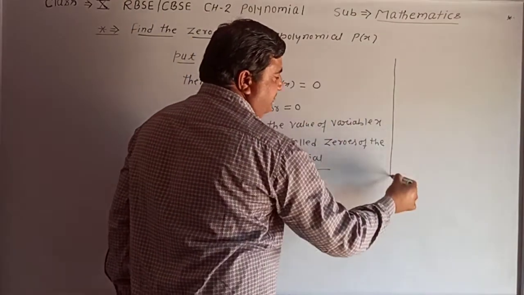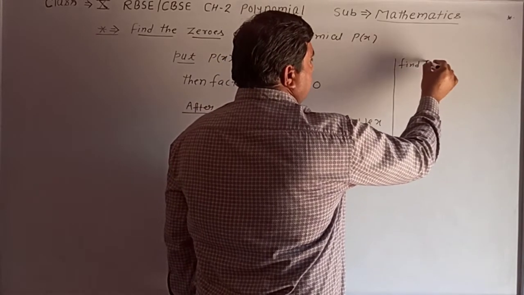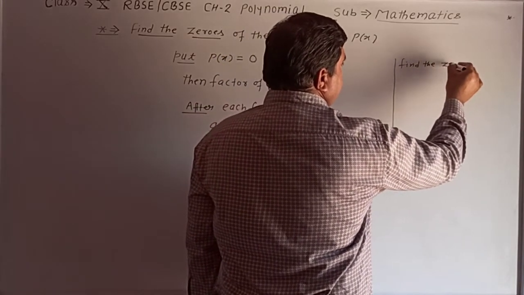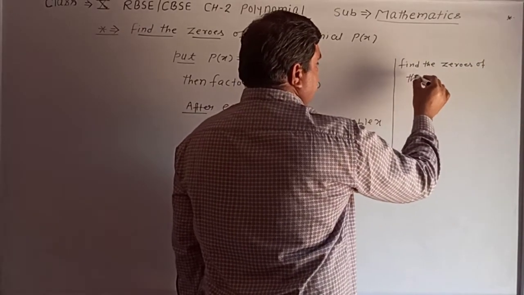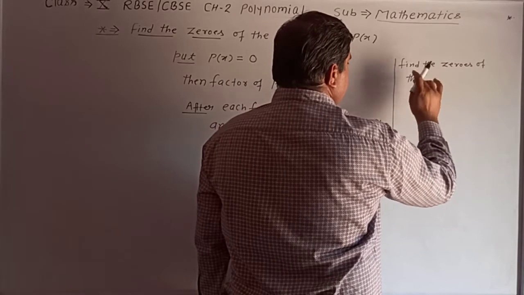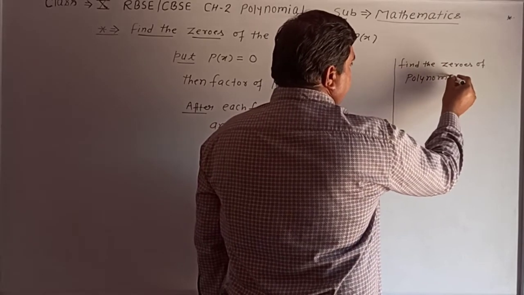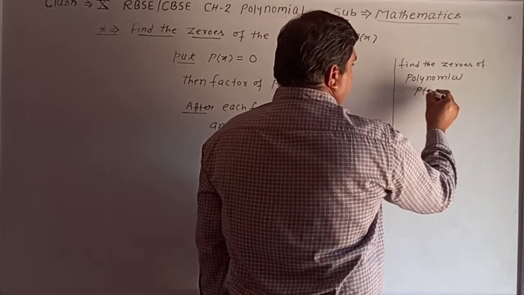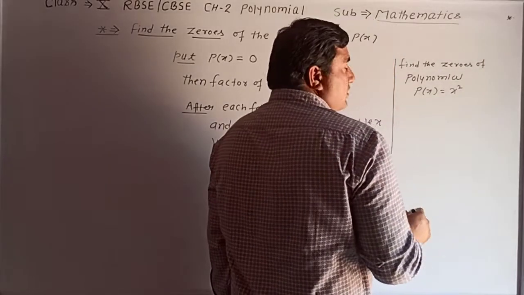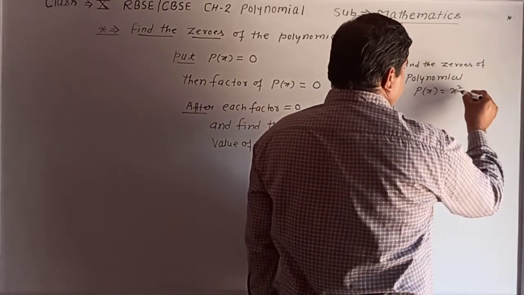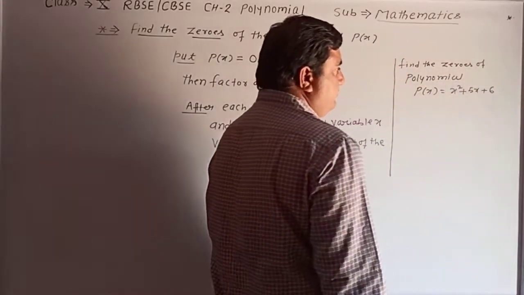Example: find the zeros of the polynomial P(x) equals to x square plus 5x plus 6.